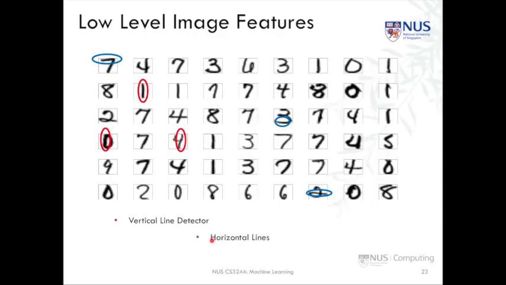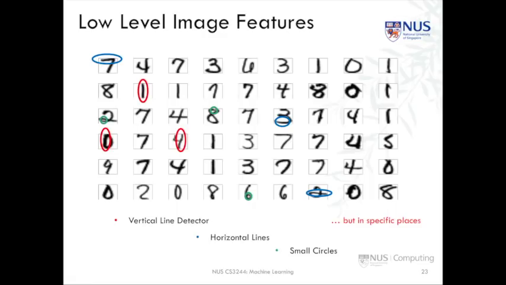We could also get one that finds horizontal lines and one that finds small circles, maybe by having a filter that has a 0 in the middle and solid numbers on the outside of the filter.